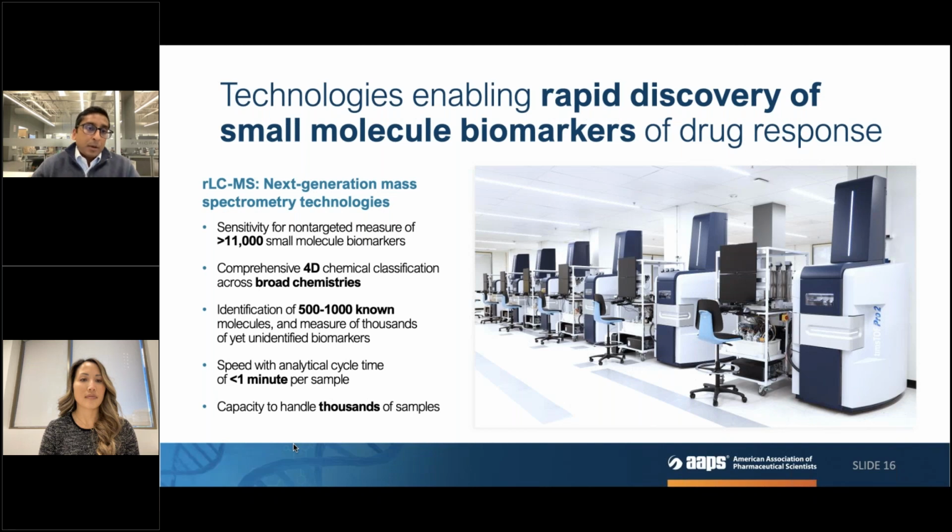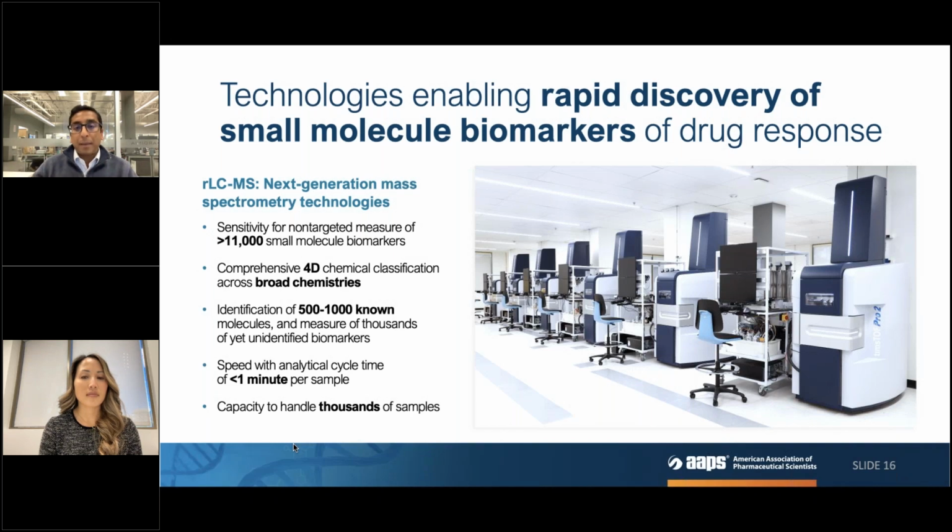Introducing Sapient now, and this is where we have transformed the use of what we call rapid liquid chromatography, or RLC, mass spectrometry systems. These are next generation mass spectrometry technologies that now enable for the first time the comprehensive measure of small molecule biomarkers across large population scales, essentially allowing us to measure tens of thousands of things from biological samples across tens of thousands of individuals.